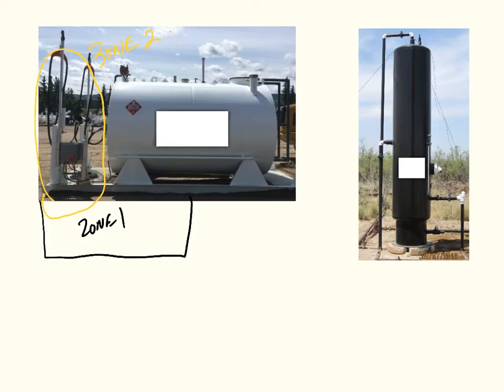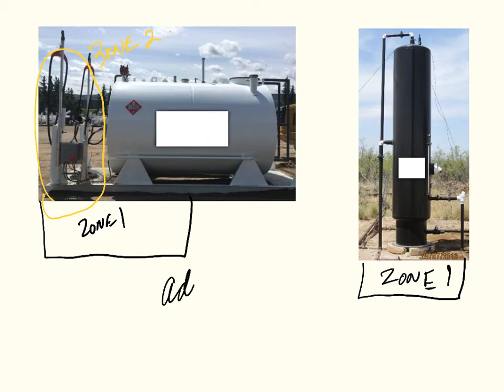And so whether we're coming up with conduits or over here we're looking at coming up with pipes, again, this is going to be a Zone 1 location. The only way we can get that to be a Zone 2 location is if we go back to that adequate ventilation.